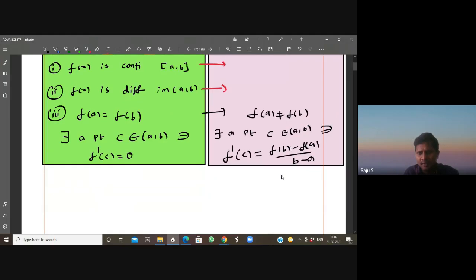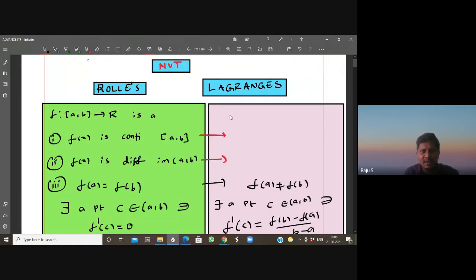When I take f of a equal to f of b, the numerator becomes 0, so 0 by b minus a is nothing but 0. So Lagrange's becomes Rolle's when we take it. Both will be the same.